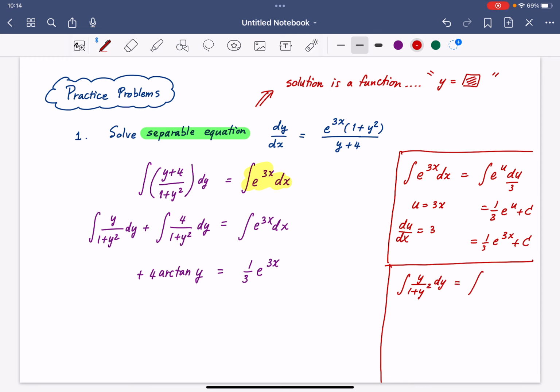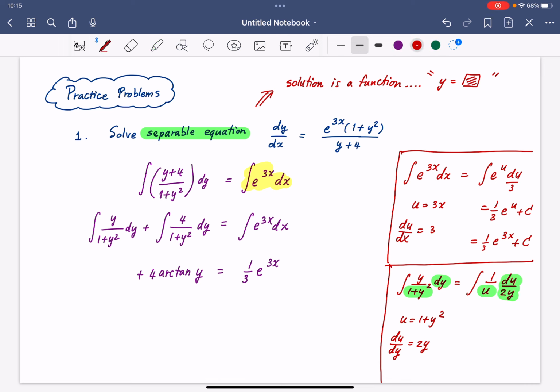You can have integrate 1 over u du over 2y, right? Because you pick u to be 1 plus y squared. Once you pick u equal to 1 plus y squared, du/dy is going to be 2y. So you change 1 plus y squared to u, and dy is going to be du over 2y.